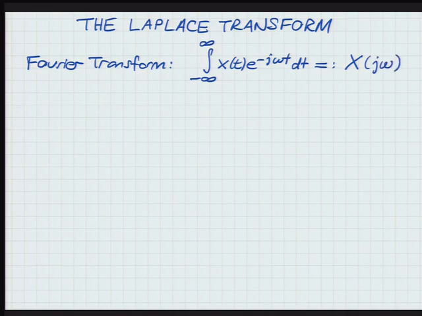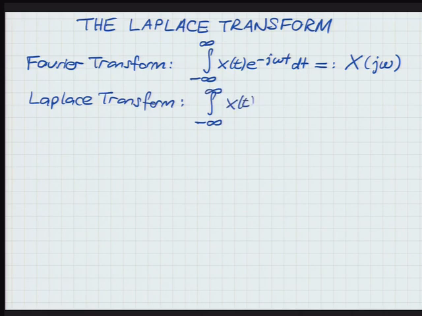Okay? And Laplace transform is closely related. So what you do is you take the integral again, x of t, but this time you multiply it with e to the negative s times t, and s here is a complex number.